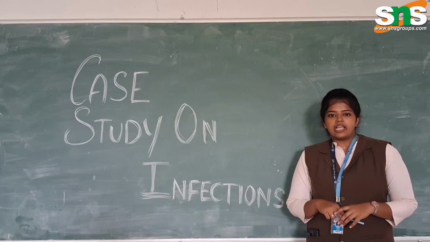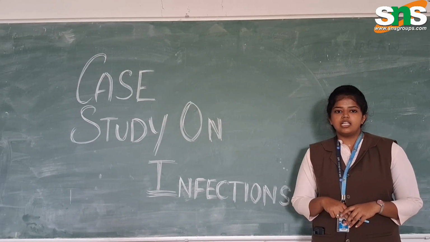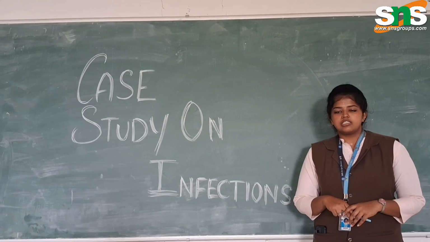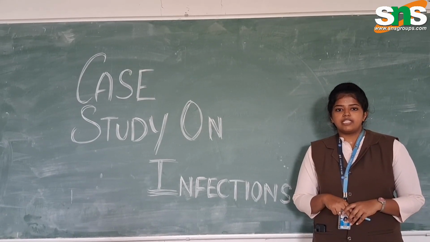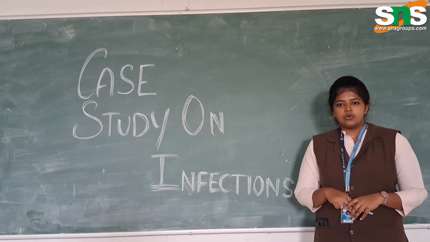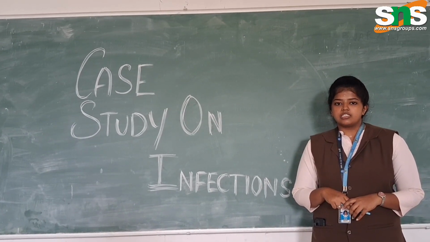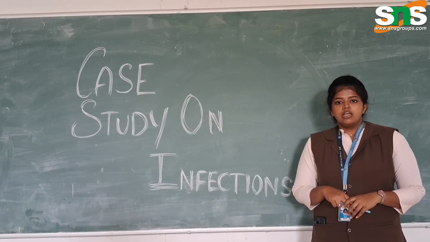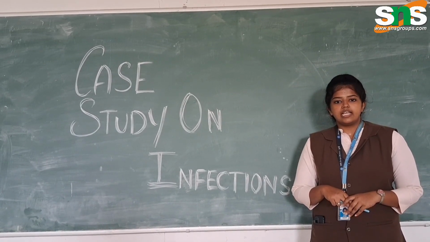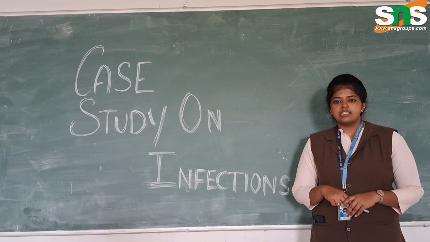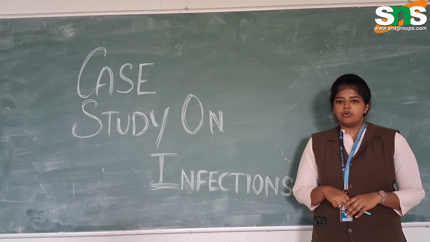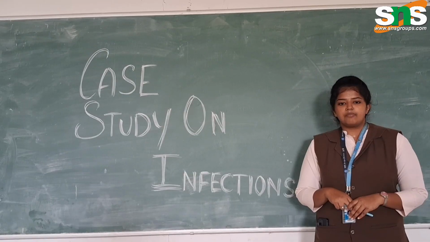For the laboratory diagnosis, sputum samples were collected for microbiological examination. Blood investigations showed increased white blood cell count and elevated C-reactive protein levels, indicating infection and inflammation. Chest X-ray revealed infiltrates in the lungs, which confirmed pneumonia. Based on the clinical features and laboratory findings, the patient was diagnosed with community acquired pneumonia, also known as CAP.